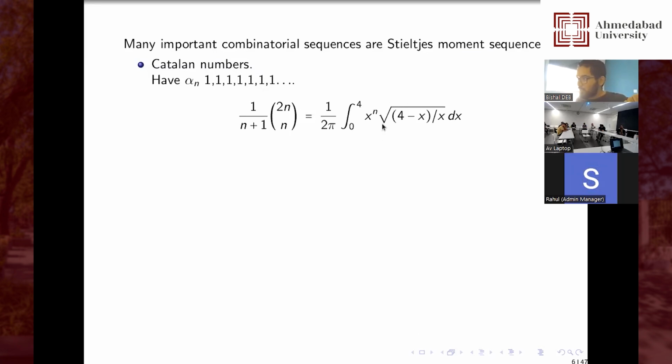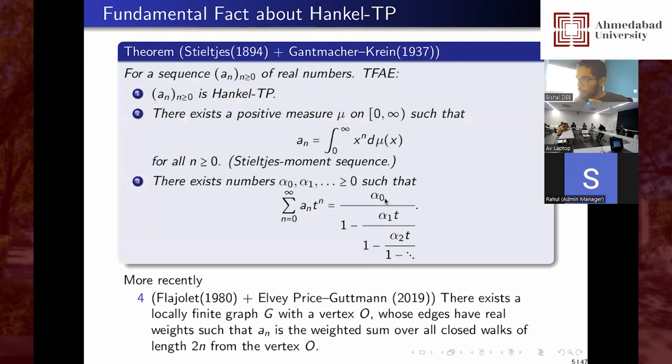This is the measure, and when you integrate, you obtain Catalan numbers. And when I say alpha_n is 1, 1, 1, 1, 1, 1, 1, what I mean is, in this continued fraction, if you plug everything to 1, what you get on the left-hand side are Catalan numbers.